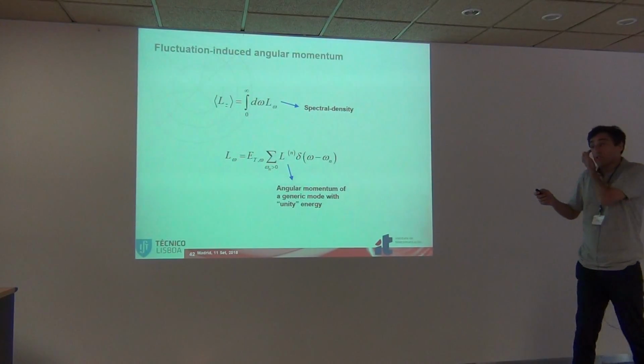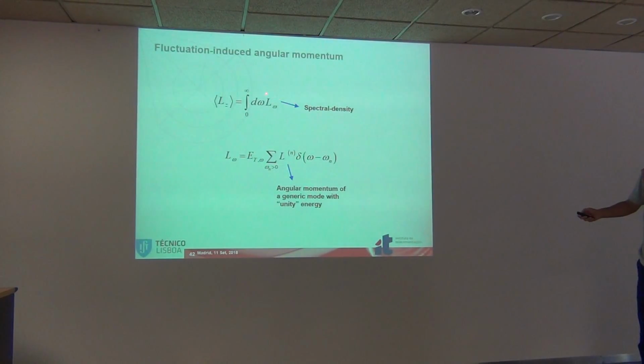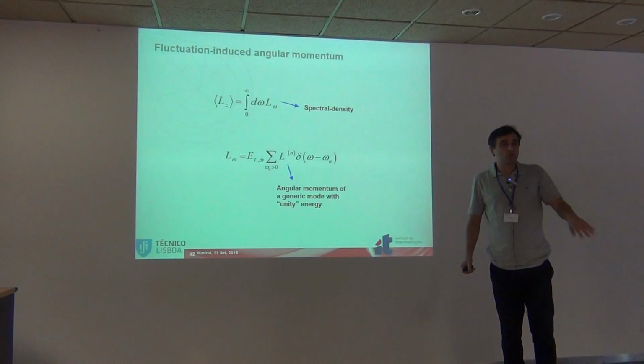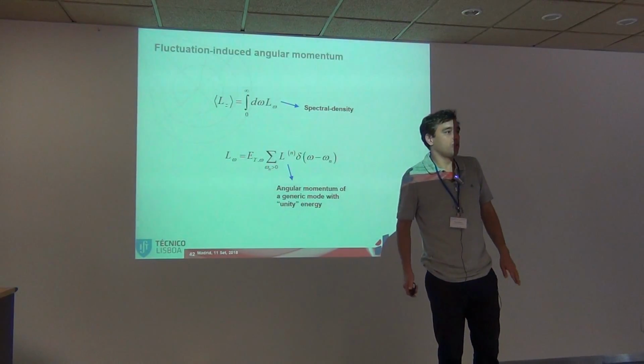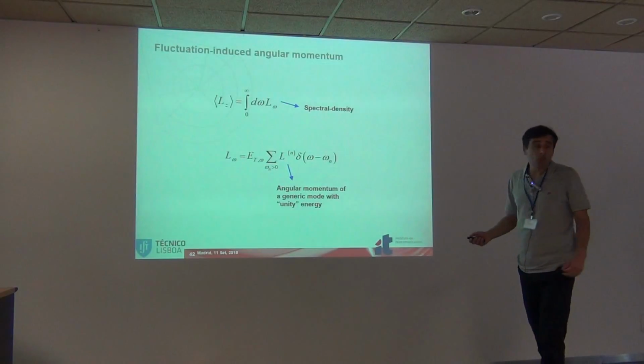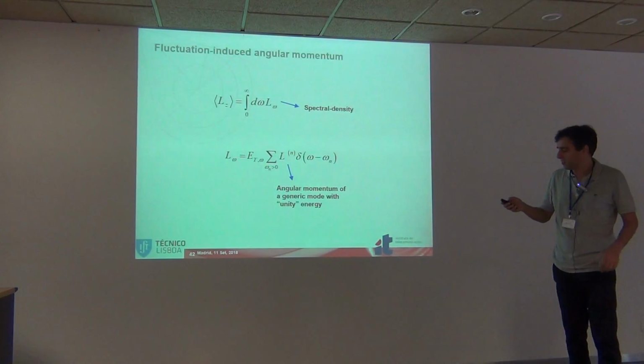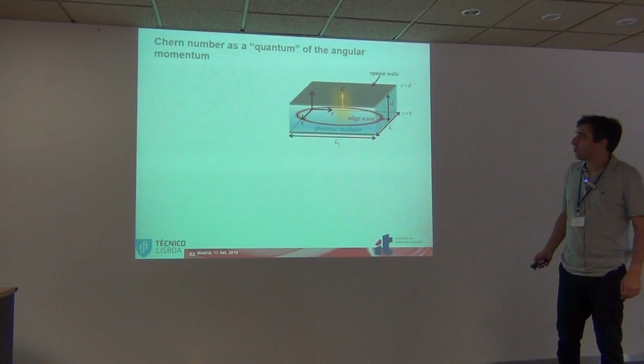With the fluctuation dissipation theorem, we split everything in terms of some density, and the formulas are a bit strange, but the contribution to the angular momentum density is basically a sum over all modes. Now I'm not going to show you the derivation, but I'm going to tell you the result. And it's really a very short derivation. It's very simple, but I will show you the final result.